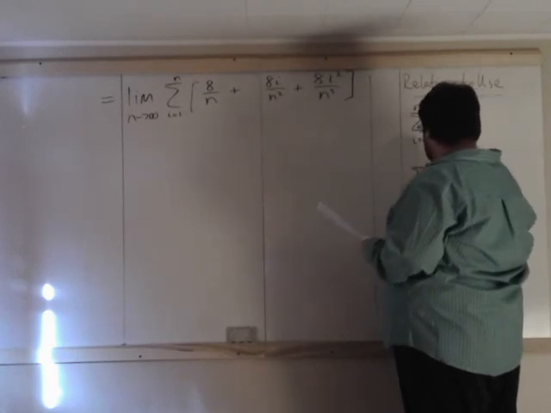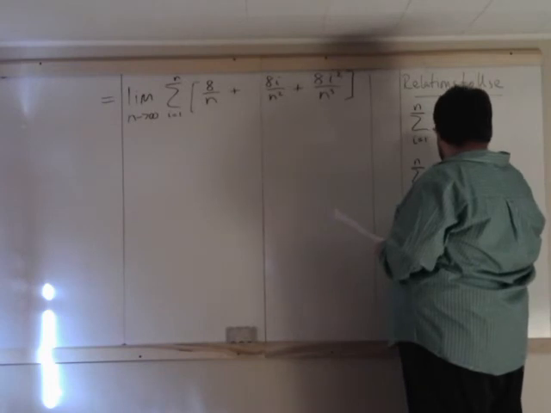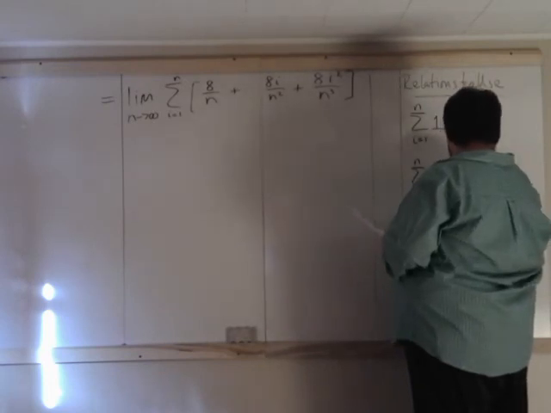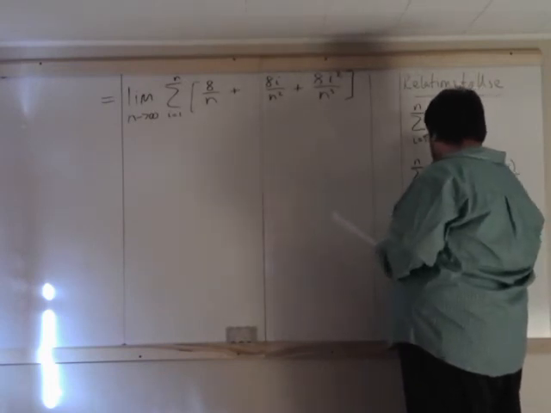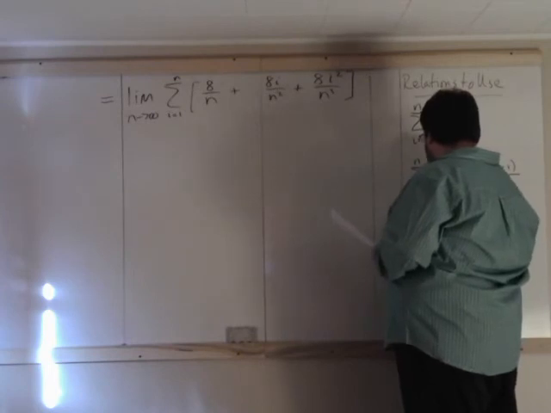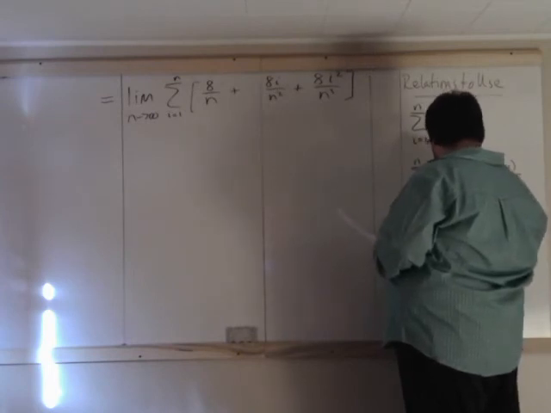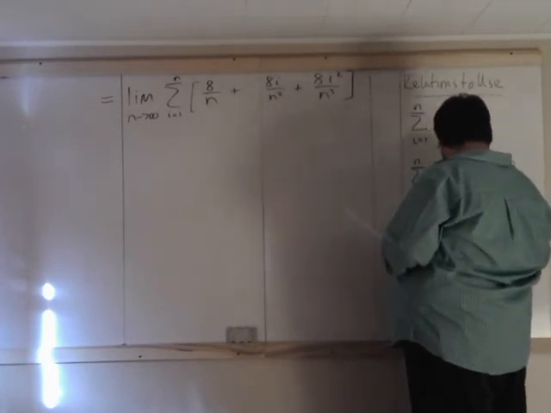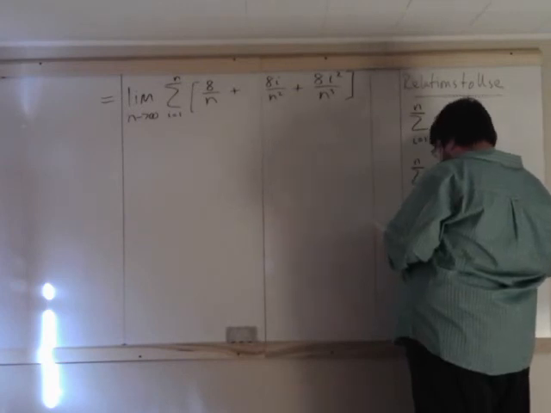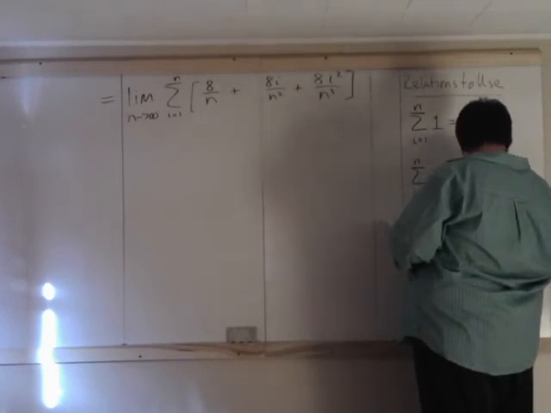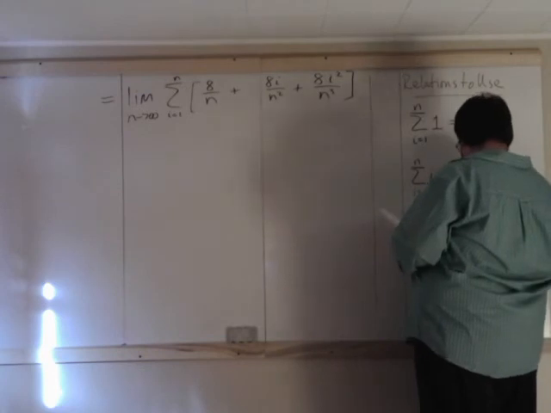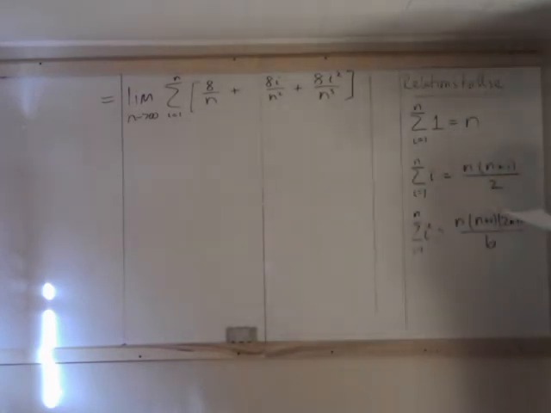The sum from i equals 1 to n of i is n times n plus 1 over 2. The sum from i equals 1 to n of i squared equals n times n plus 1 times 2n plus 1 over 6. Now you do not have to memorize these.